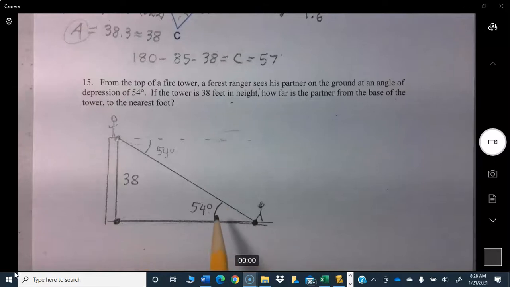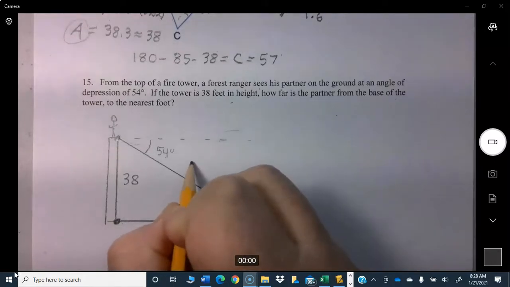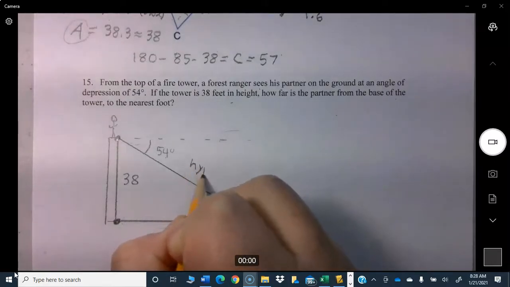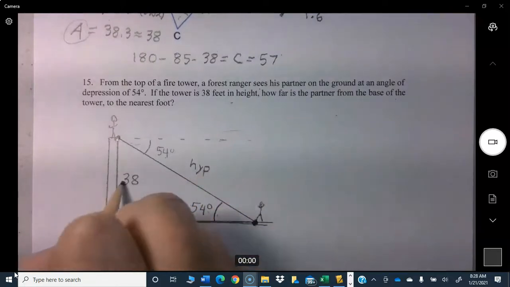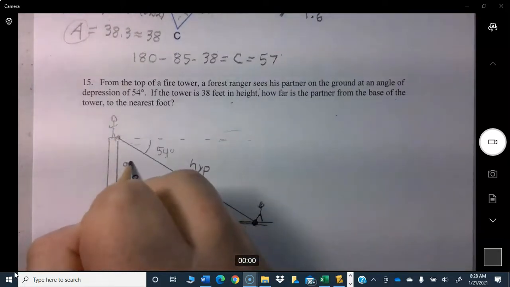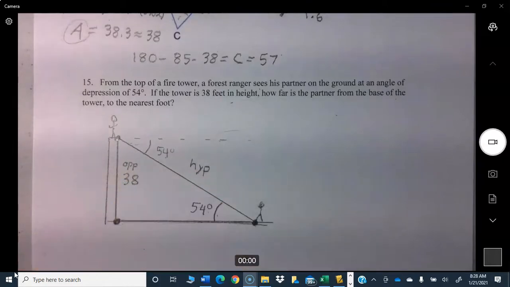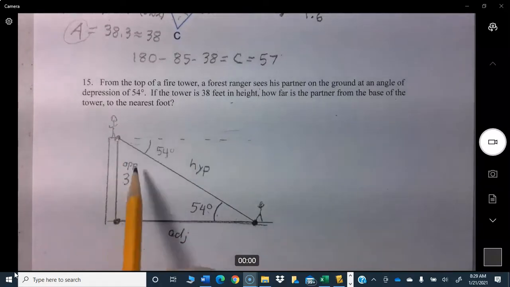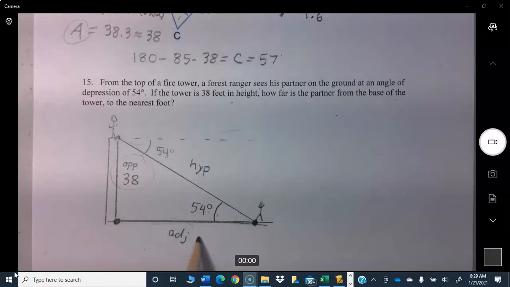So we have a triangle, and it has a hypotenuse right here, and the opposite side is over here, so the 38 is the opposite. And it has this side here, which is the adjacent. What we know is the opposite. What we're trying to find is the adjacent.